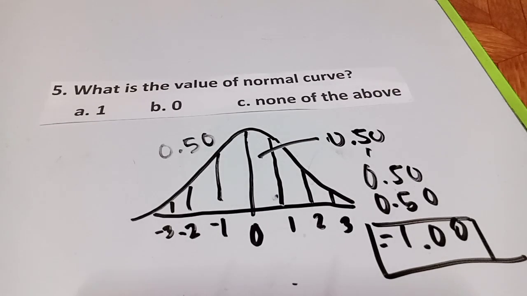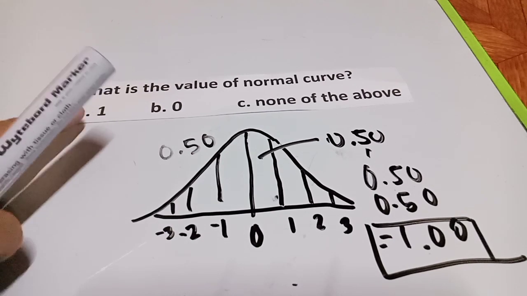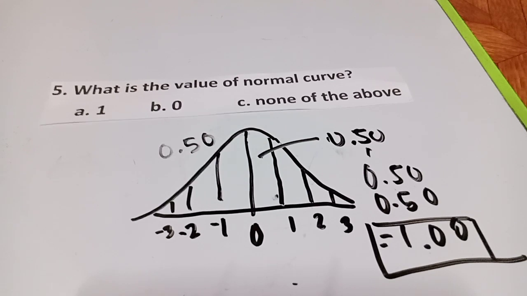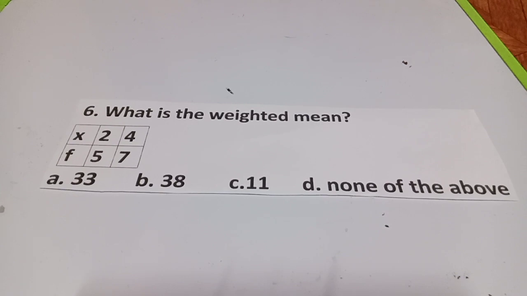Take note, this is a total of 1. So the value of a normal curve is always equal to 1. And sometimes, as a percentage of the area of the curve, we use 100%. Okay, next, let's proceed to number 6.